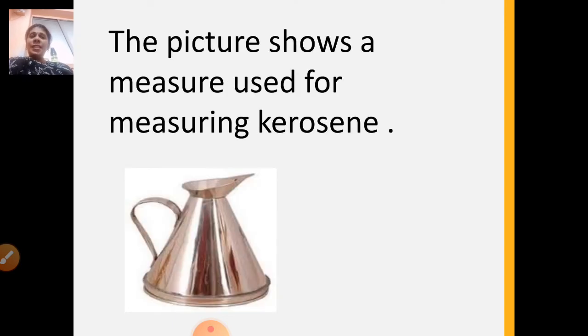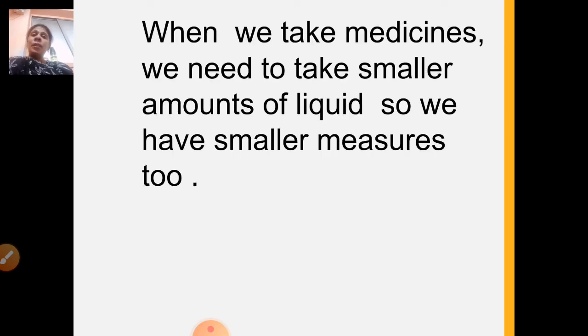No. This type of can is used by the milkman. This type of can is used for measuring kerosene. And to take medicine, have you seen on your cough syrup, there is a small plastic cap on which it is written 5 ml, 2.5 ml, 3 ml, 5 ml. In that we take our amount of liquid. When we want to take medicines, we take it in that.